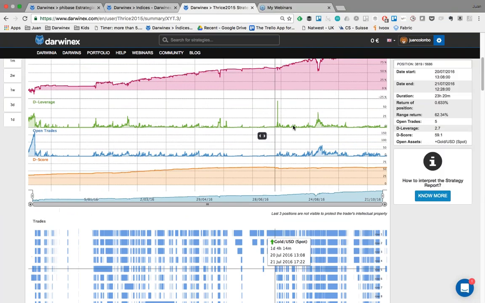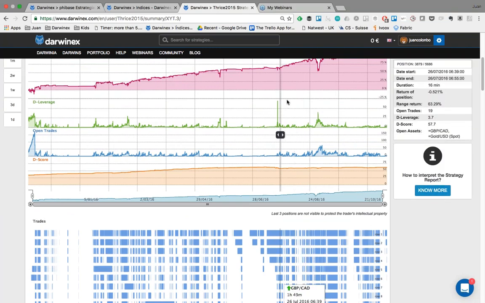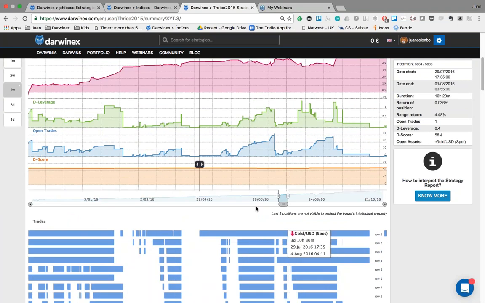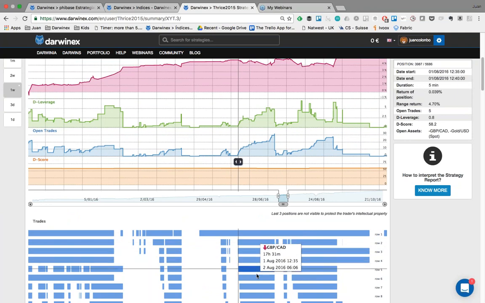So at any point in time, I can come here and focus on a time slot, and I would know the deleverage for all the trades that were open simultaneously. So we're going to see in a second. Let's say this is the period I just focused on.